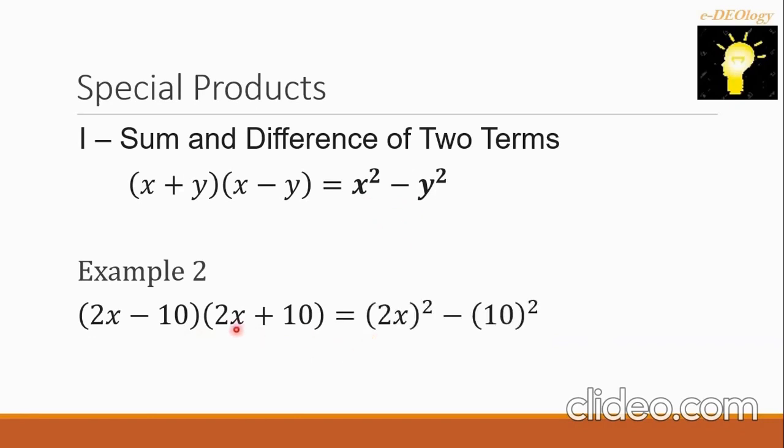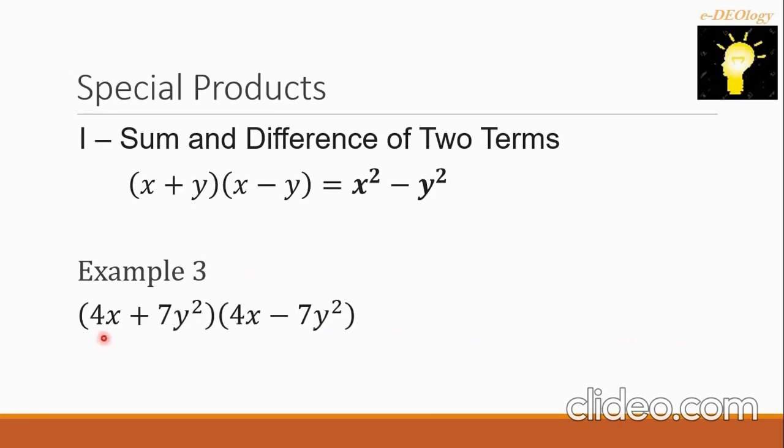So what we'll do, the 2x, that is the first term, we will put it here and square that, and then minus the 10, the second term, put it here and then square that, and we will simplify each term. So the 2x all raised to 2 becomes 4x squared, then minus the 10 squared is 100. So this is our final answer.